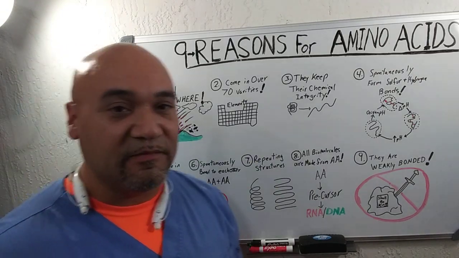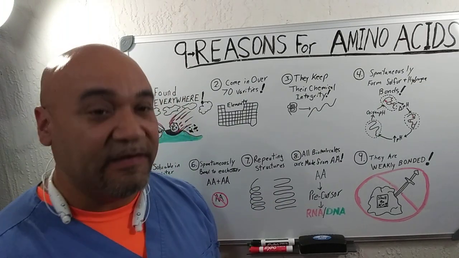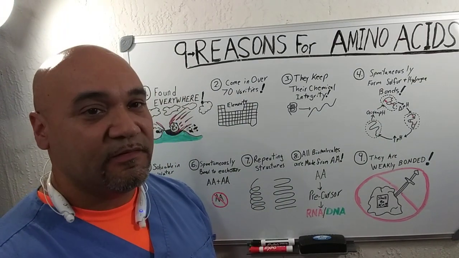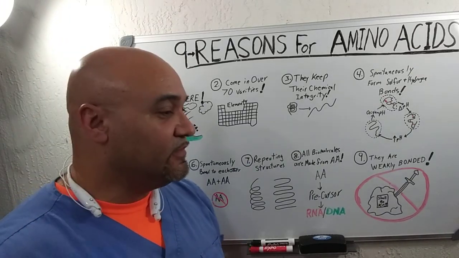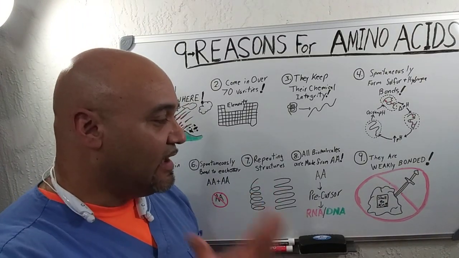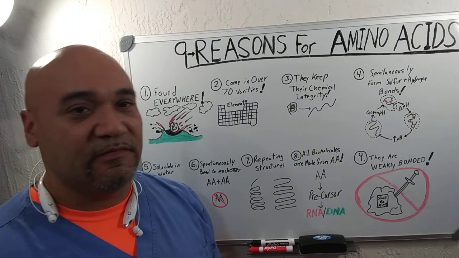Say there's a mistake in a protein or some other compound. Isn't it easier for it to be weakly bonded so you can start all over again? Again, if you need to eat or you need to expand your organism, it's easier to have a compound that you can easily take and utilize somewhere else in the cell.